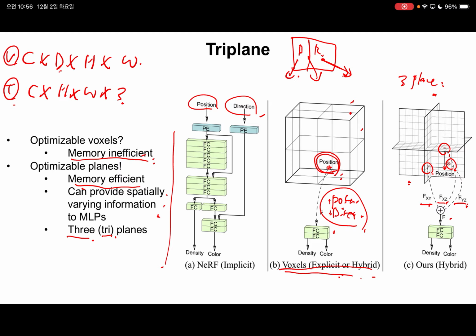Usually depth is higher than 3. The typical resolution might be 64, so 64, 64, 64. 64 is not even enough, but let's say we are using 64 resolution. Triplane is much more efficient than volume, right? You can check. So that motivates utilizing triplane. Instead of using voxel, you can save lots of memory.